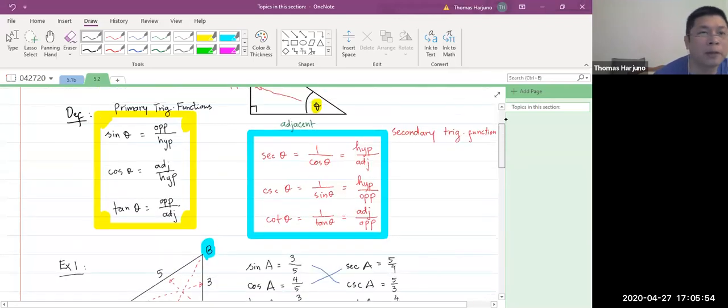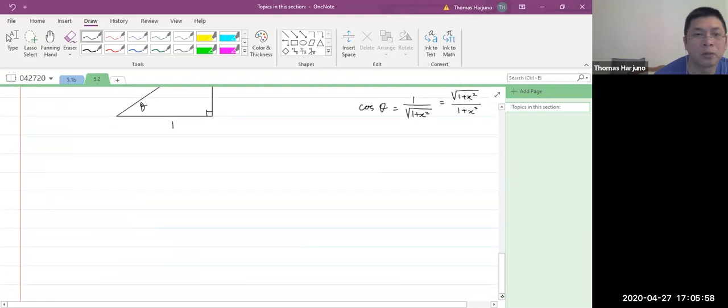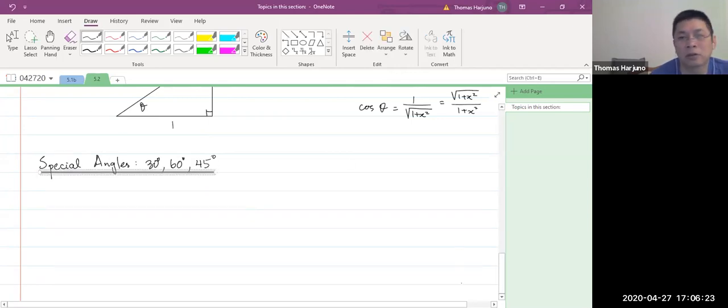Okay, now let's go on. The next topic is on special triangles, something that you need to memorize. Special angles: 30 degrees, 60 degrees, 45 degrees. I will first talk about the 45 degrees one because that's the easiest.